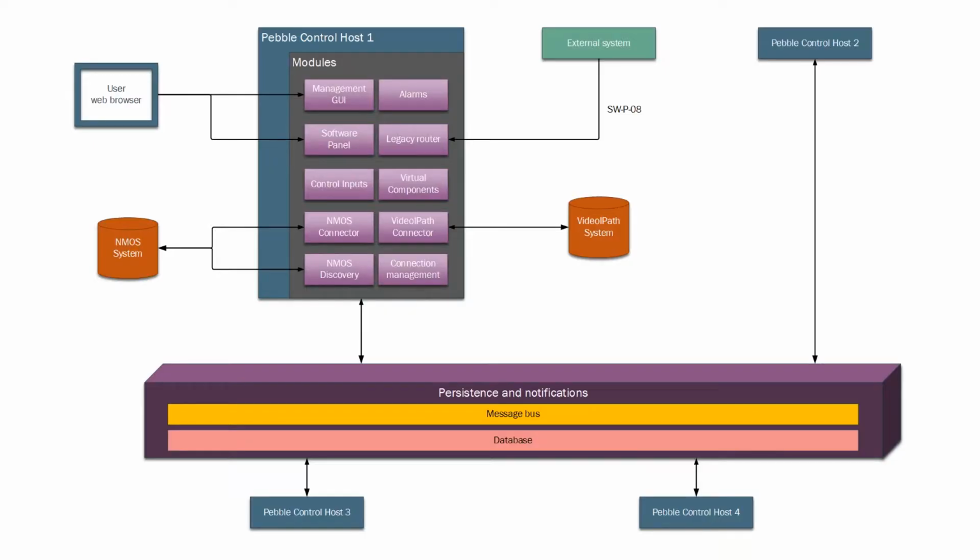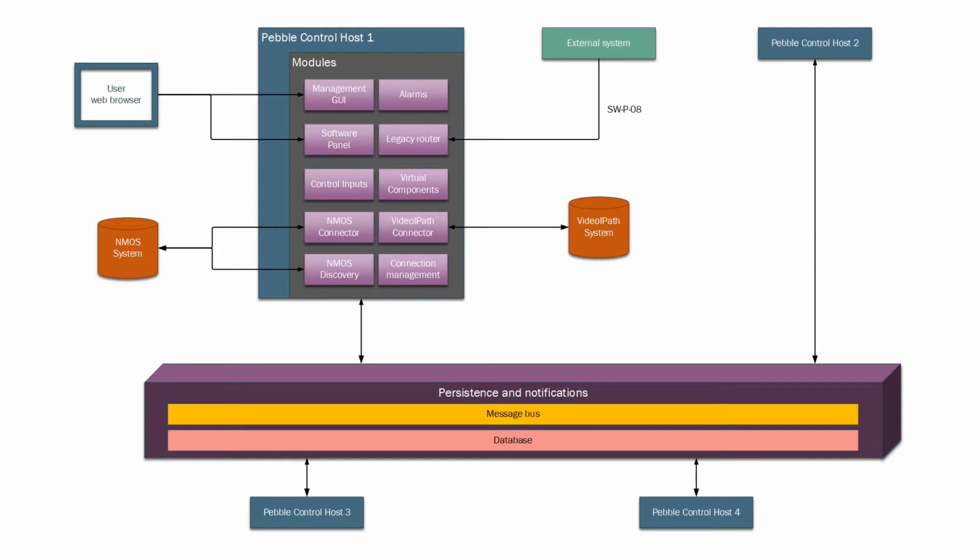Starting with the architecture, Pebble Control is built on top of the .NET 5 framework, making it compatible with Windows, Linux, and Mac OS operating systems. In addition to running as a console application, it can run as a Windows service or a Linux container, which allows for a variety of deployment scenarios. For high availability deployments, it connects to the MongoDB distributed database and RabbitMQ message broker.